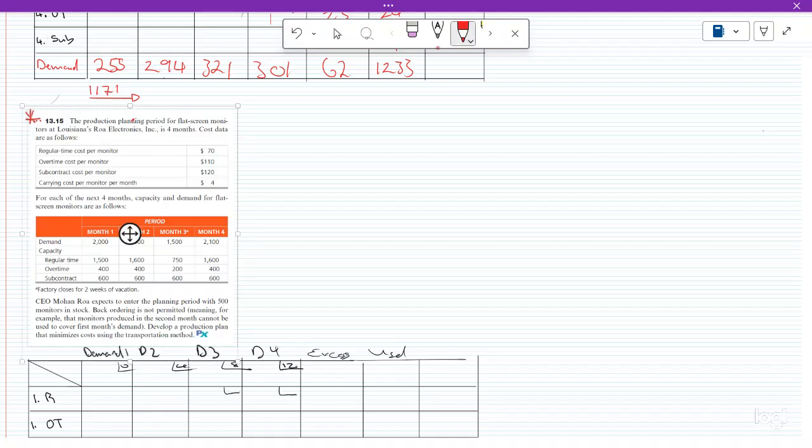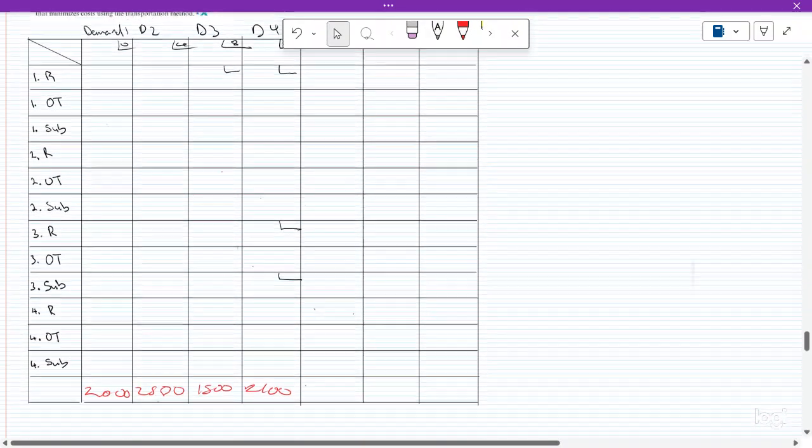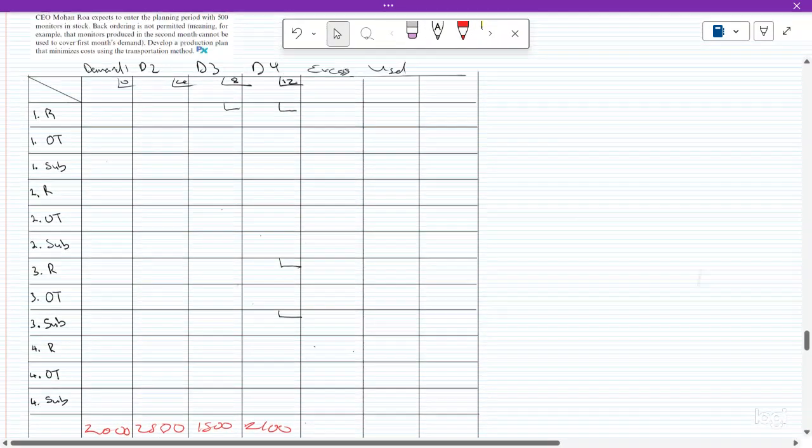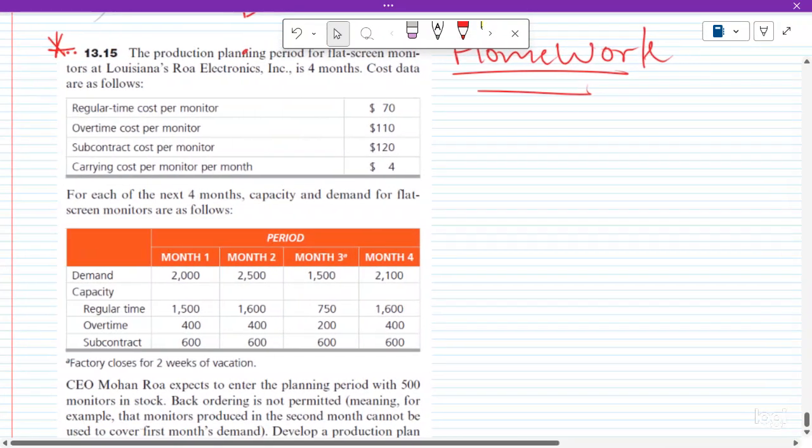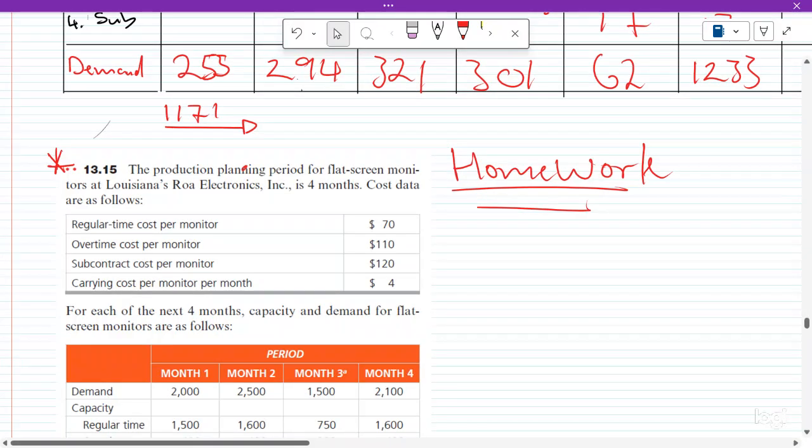So there's your homework, number 1315. That's your homework, 1315.